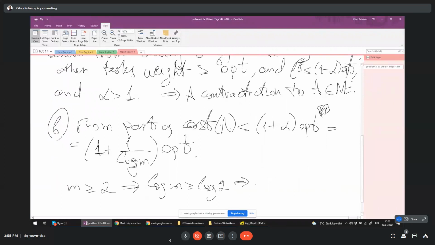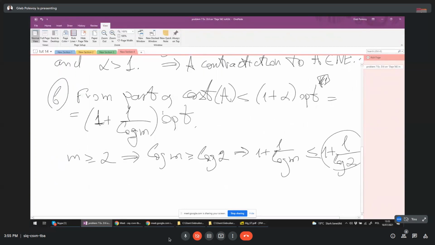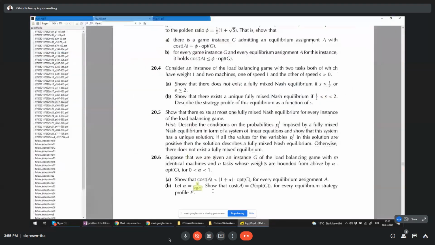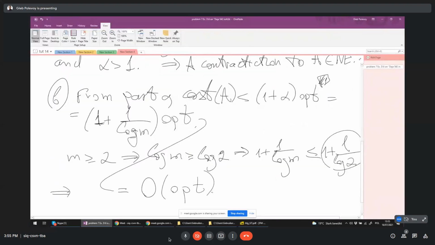Therefore 1 plus 1 over log m is at most 1 plus 1 over log 2. That's some number, a constant. Therefore this thing is O of optimum in asymptotic notation. That's what we need to prove. Do you agree? Yep. Okay. Next.